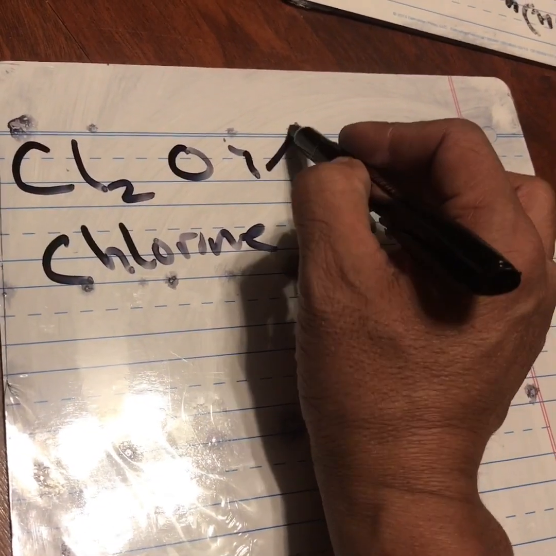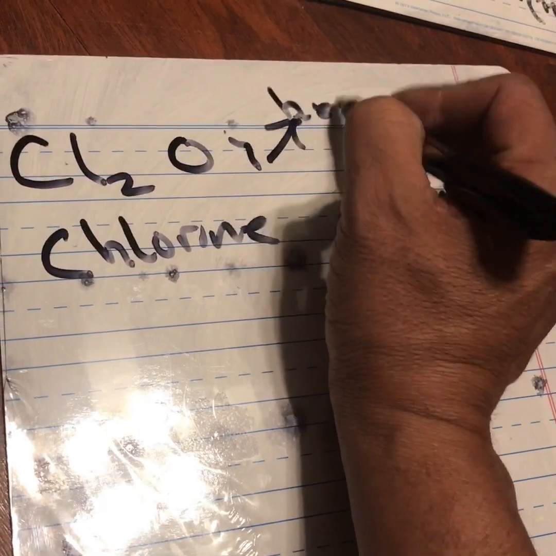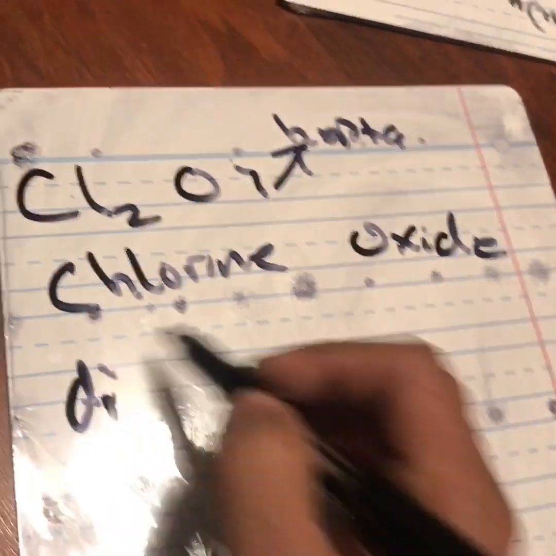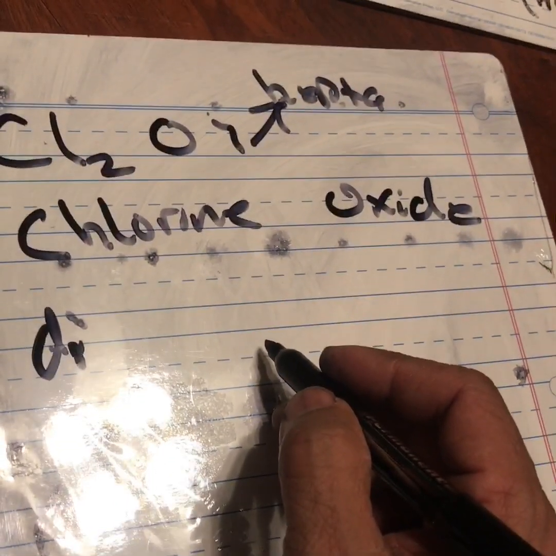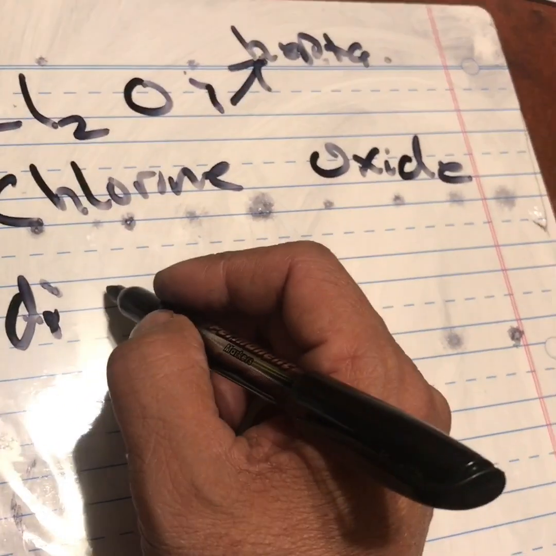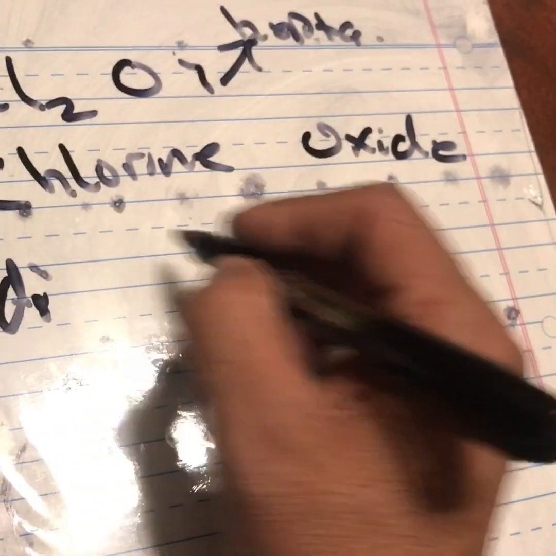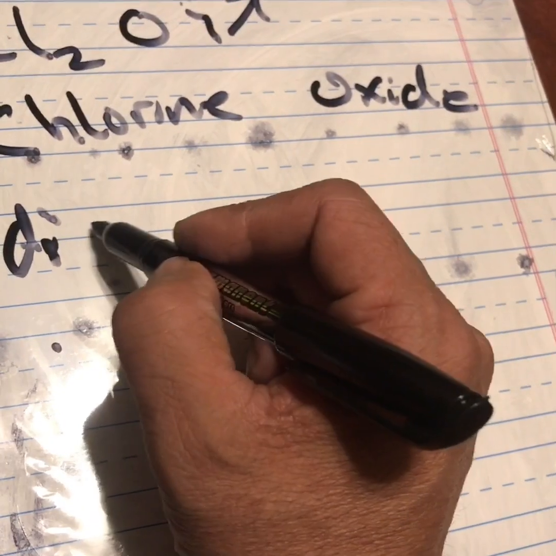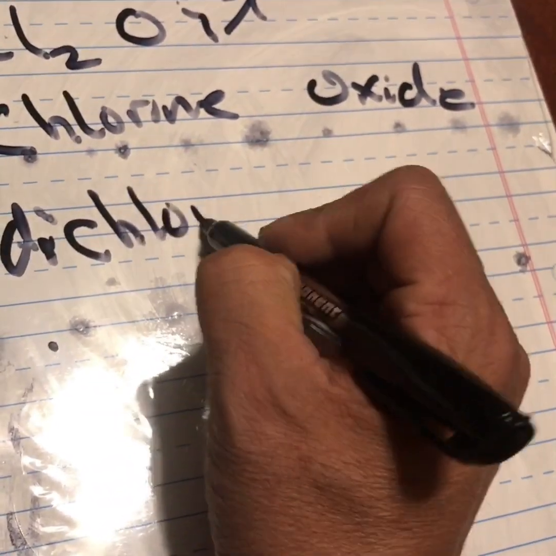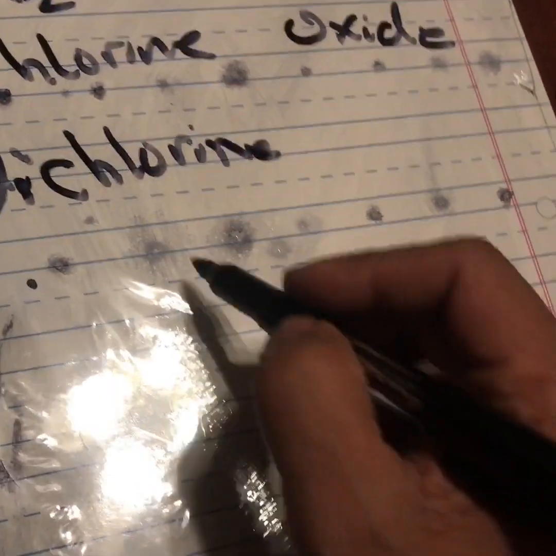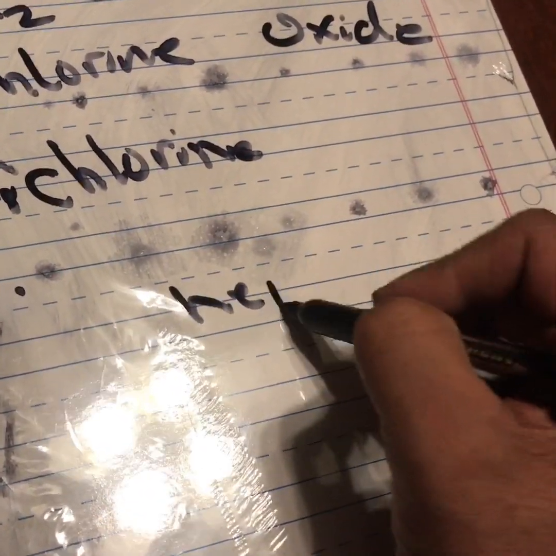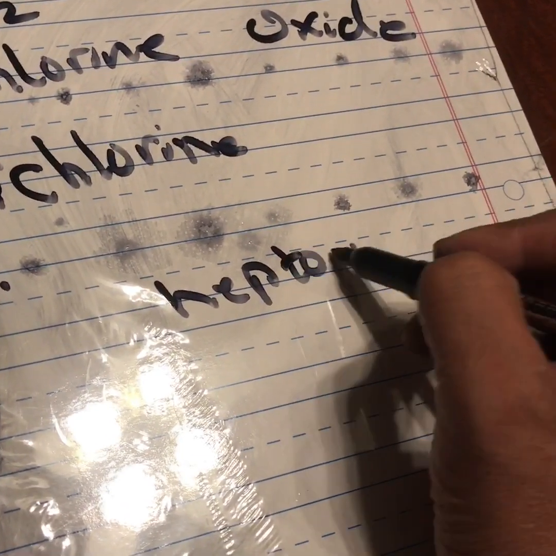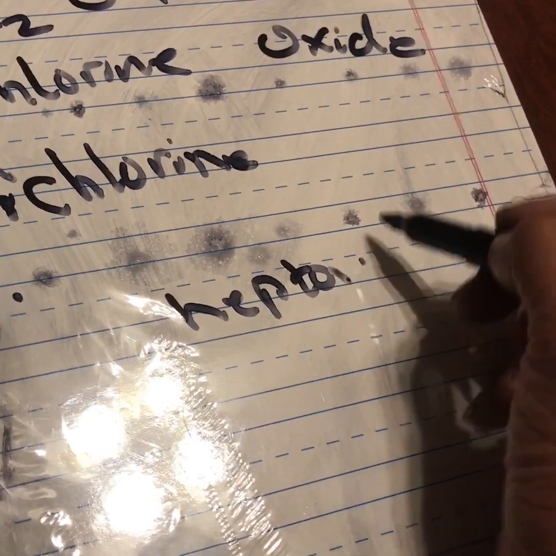For the 7 we have hepta, for the 2 we use di. So for chlorine we have dichlorine and heptoxide.